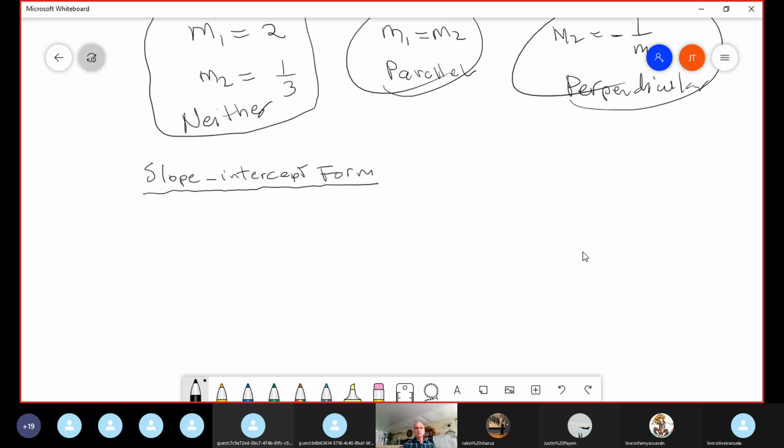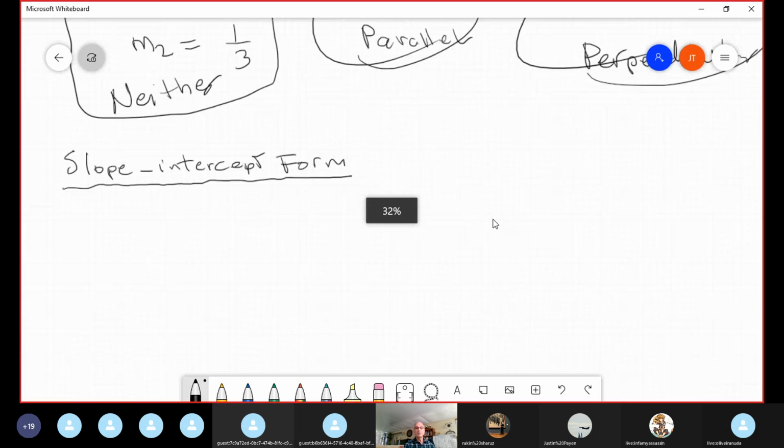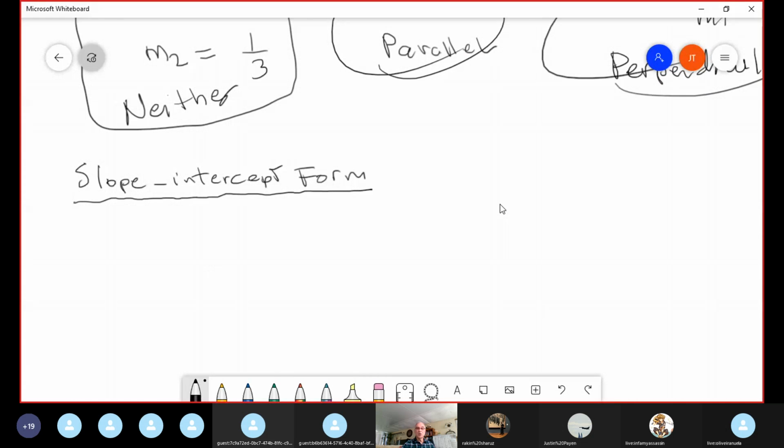What is the slope intercept form? Let me zoom to see more clearly. It is y equals mx plus b. In slope intercept form, y is totally isolated on the left-hand side.